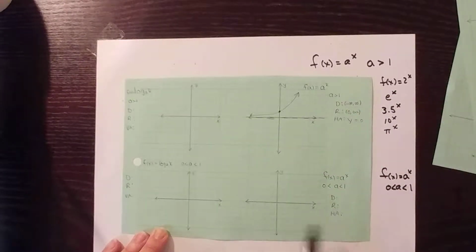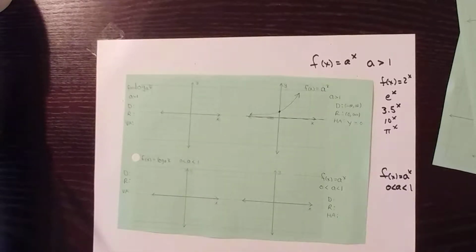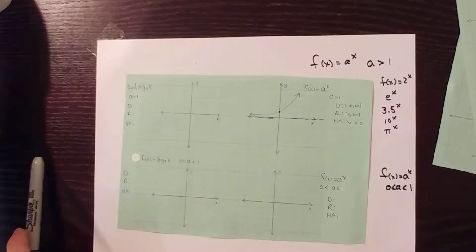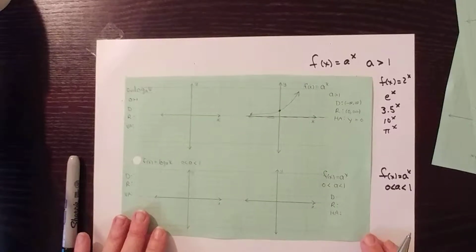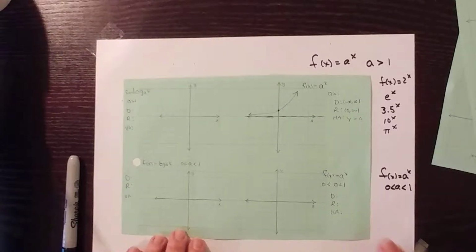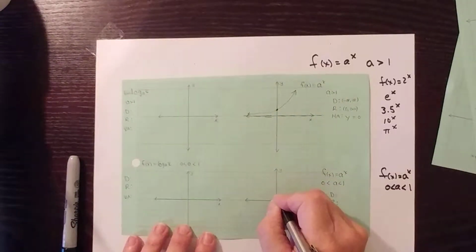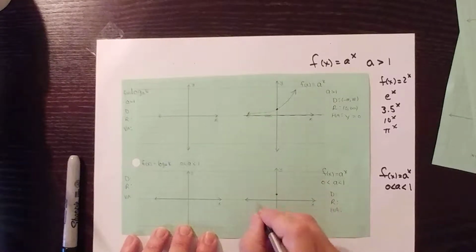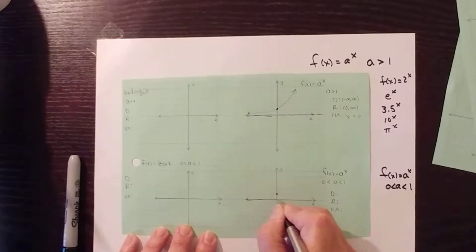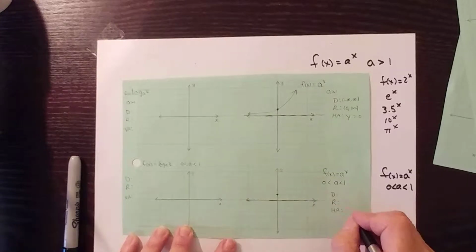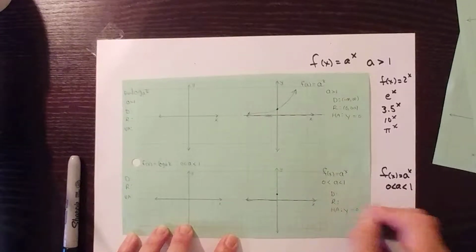Down here, let's consider the exponential graph where the base is less than 1, but it's positive, so between 0 and 1. This is what this one will look like. It will still have the y-intercept here at (0, 1). It will still have a horizontal asymptote right here, y equals 0. Those things are the same.